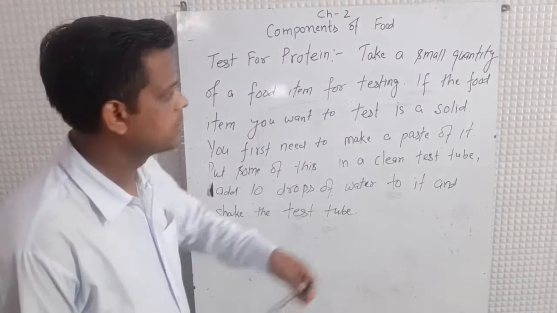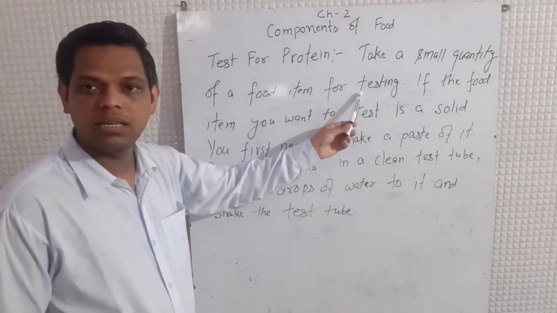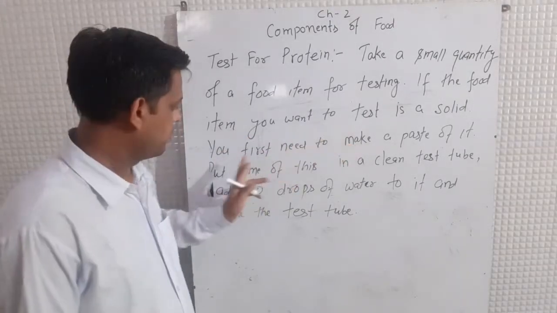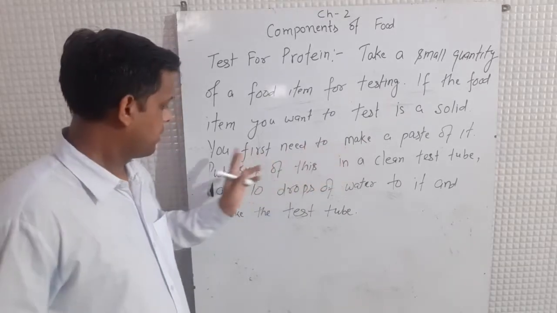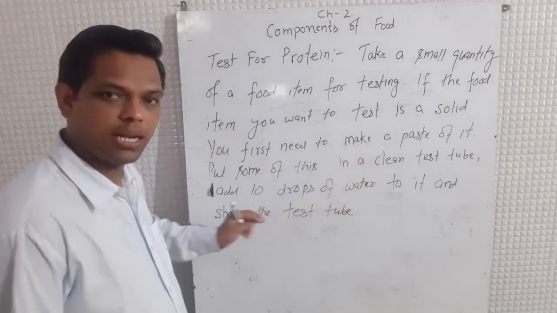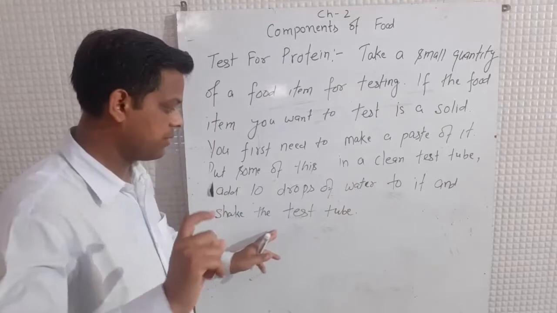Test for protein. Take a small quantity of the food item that is to be tested. If the food item you want to test is a solid, you first need to make a paste of it. Put some of this in a clean test tube, add 10 drops of water to it and shake it well.